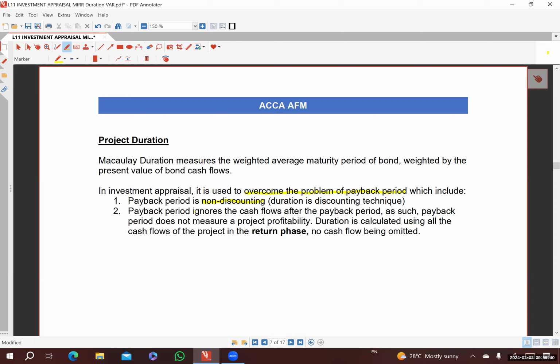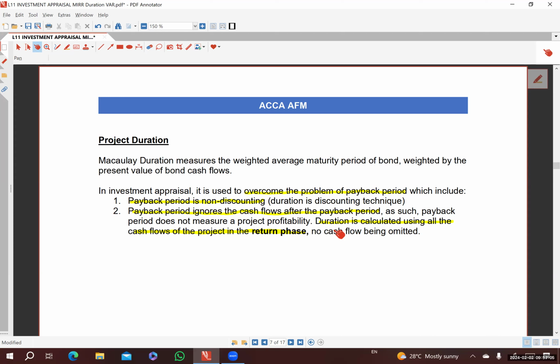Payback ignores cash flow after the payback, but duration does not. Duration uses all the cash flow in the return phase, everything. No cash flow is omitted. But return phase only, because we are looking at payback, and payback is return.